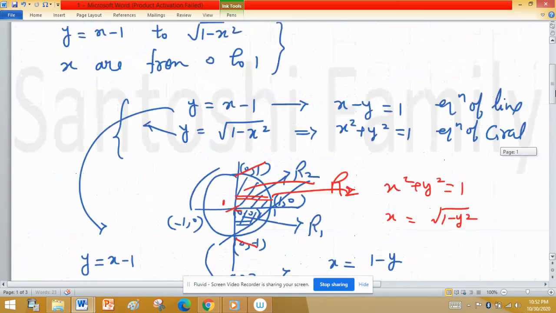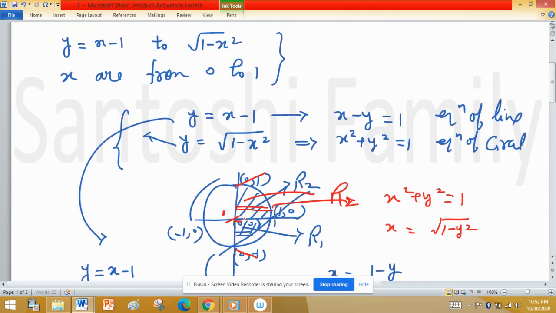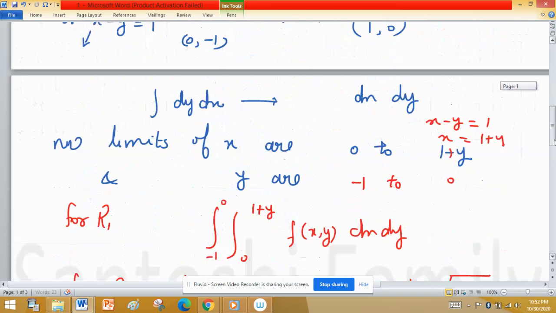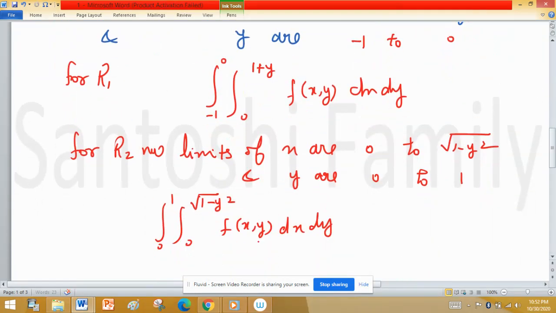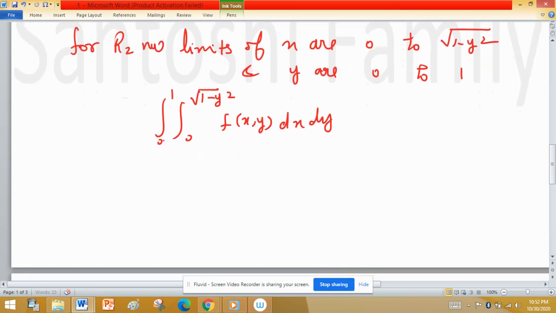But we need the entire region. We need the integral over this entire region. So I add these two, the integrals for R1 and R2.